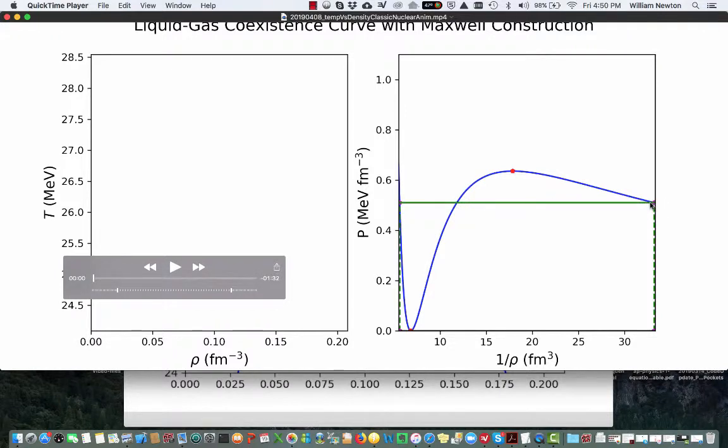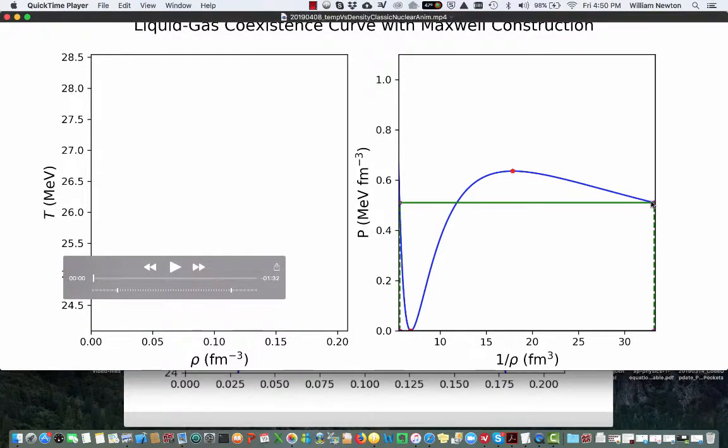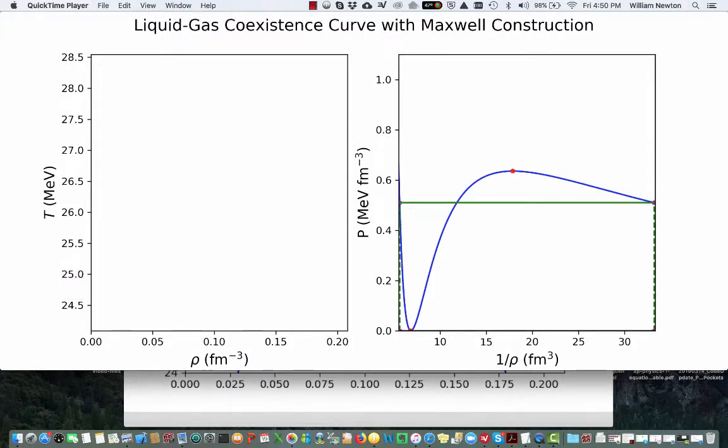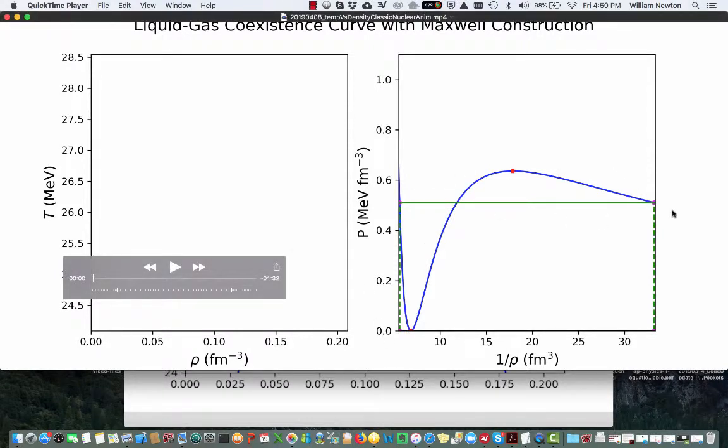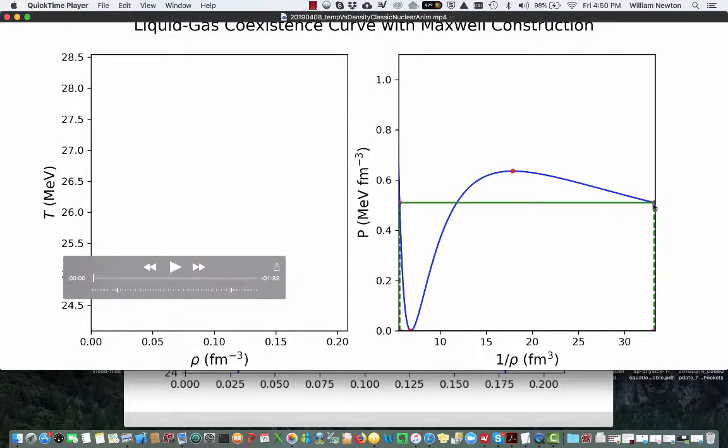So I've done some work on the system, compressing it, and then the system has done some work on me, decompressing it. Conservation of energy says that the total work done has to be 0. Otherwise, I could go around this trajectory and get some net amount of work out, which I could use to power my perpetual motion machine, which unfortunately I can't. So I need to make sure that the area under this curve matches the area under this curve.